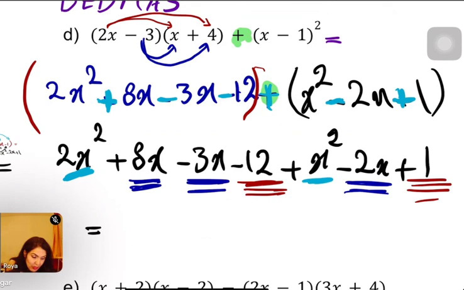It's going to be 2x squared plus x squared is 3x squared. 8x minus 3x minus 2x is plus 3x.